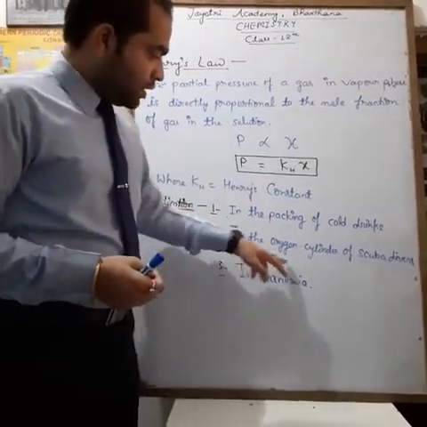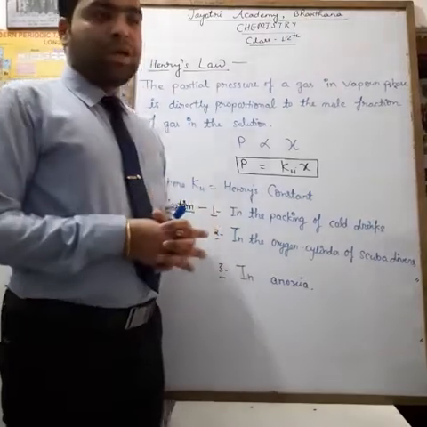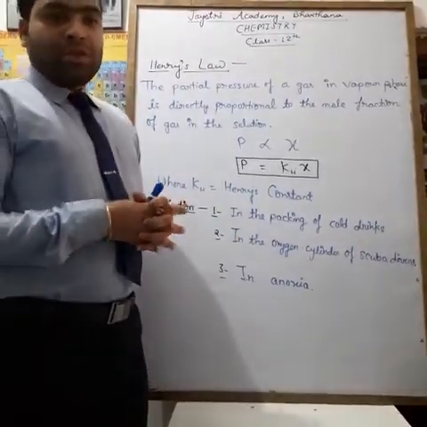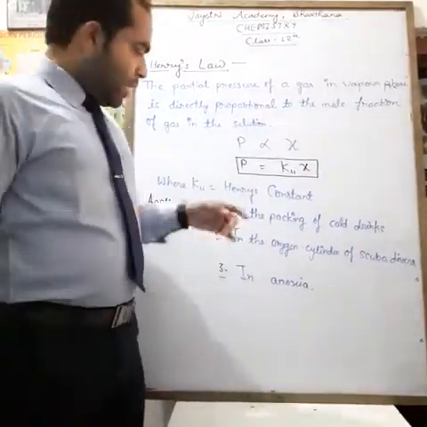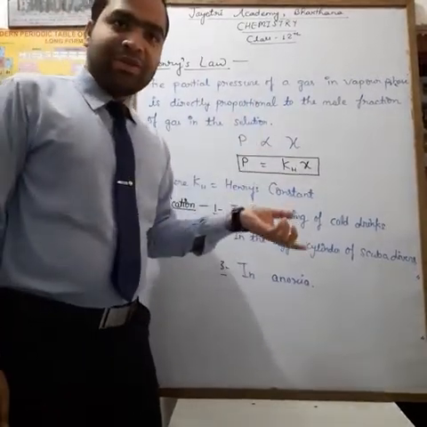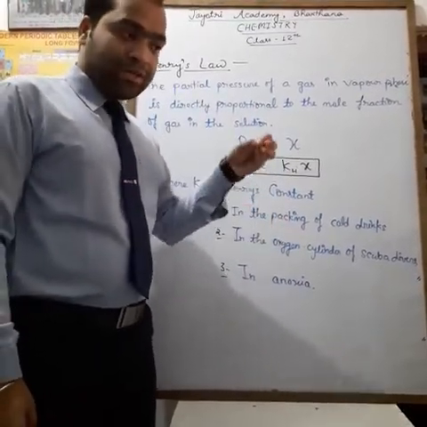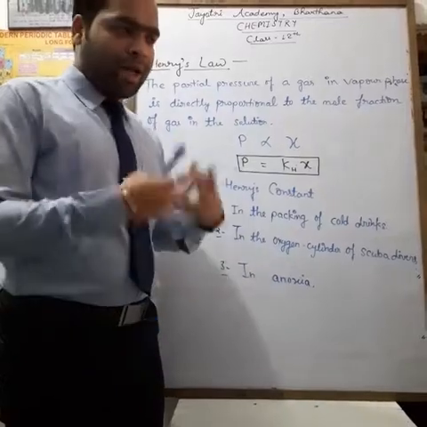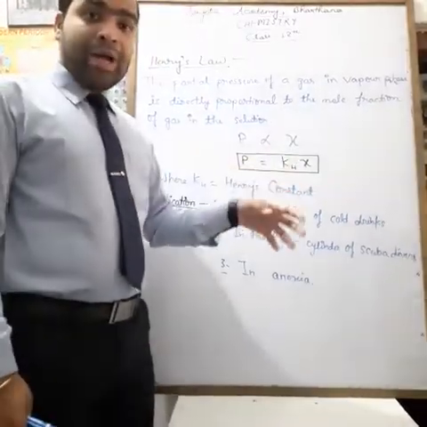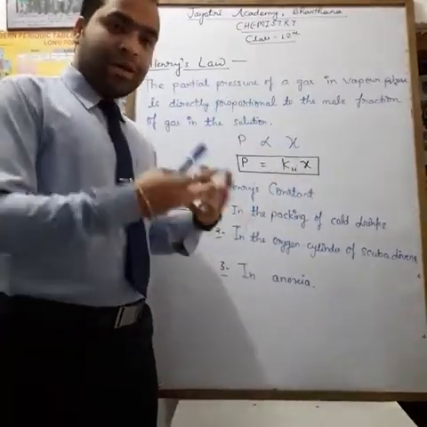Second one, the oxygen cylinder of scuba divers. In the oxygen cylinder of scuba divers, the oxygen gas is mixed with nitrogen gas. So when the scuba diver goes down in a river or any water body, due to high pressure the nitrogen gas gets dissolved in the blood.